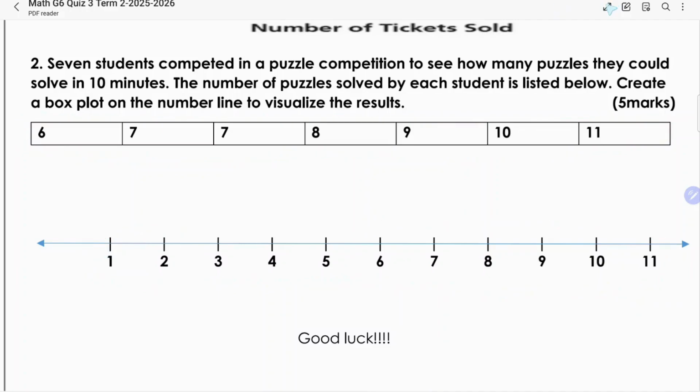So we've got our data set. The first thing we're going to do is find the median, because what we're interested in is 5 values: the minimum, the maximum, Q1, Q3, and the median.